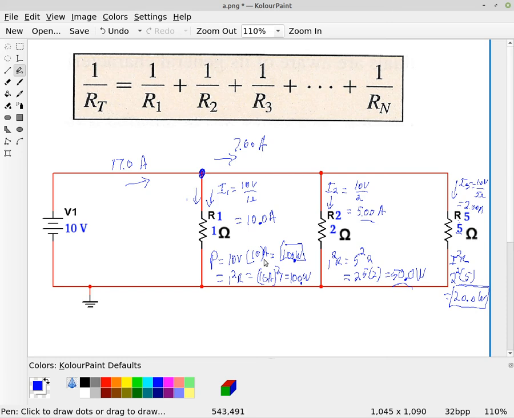But how much power is our source providing? Well, the source power is the sum of all the powers.